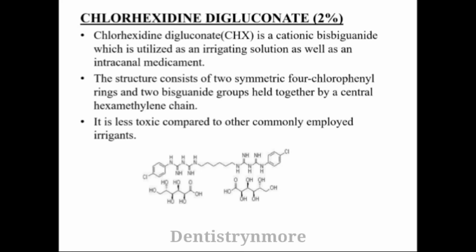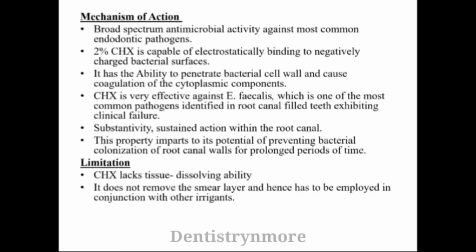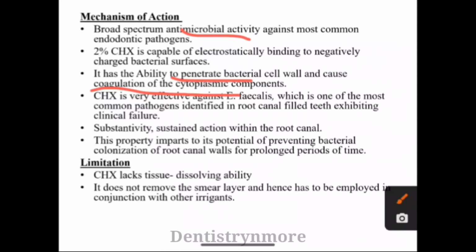It is less toxic when compared to other irrigants. Its mechanism of action is broad spectrum antimicrobial activity. At 2% it is capable of electrostatically binding to the negatively charged bacterial surface, penetrating the bacterial cell wall, and causing coagulation of the cytoplasmic components.